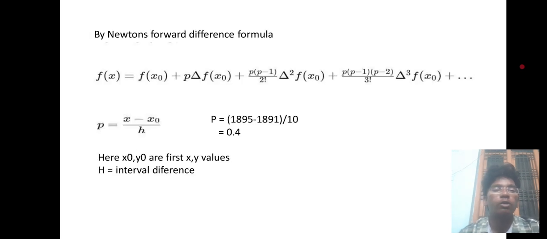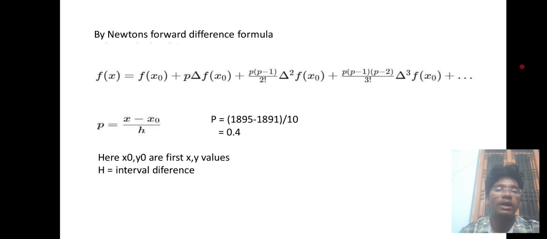The formula we used in Newton's forward difference table is f of x equal to f of x naught plus p into delta f of x naught plus p into p minus 1 by 2 factorial into delta square f of x naught plus p into p minus 1 into p minus 2 by 3 factorial into delta cube f of x naught, and so on. P equals x minus x naught by h.